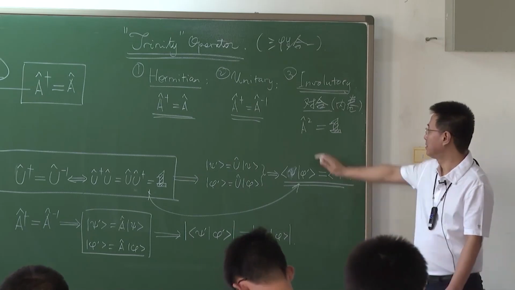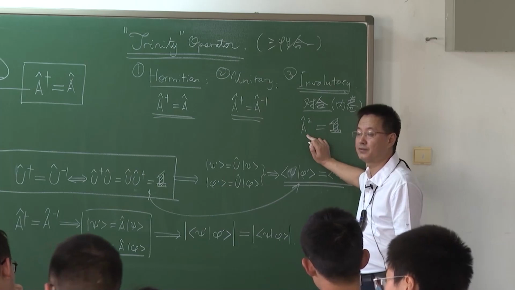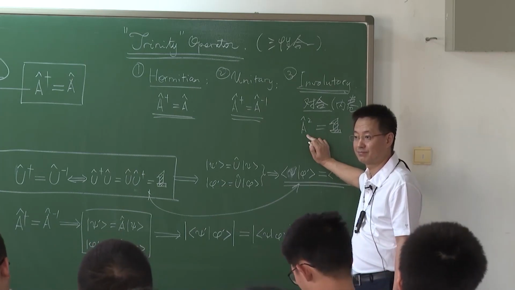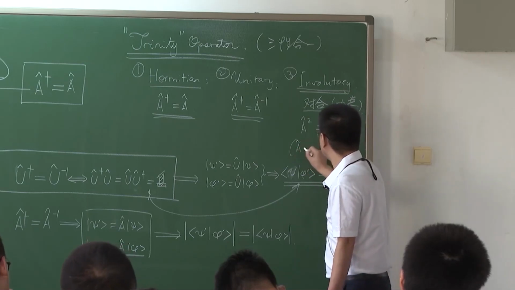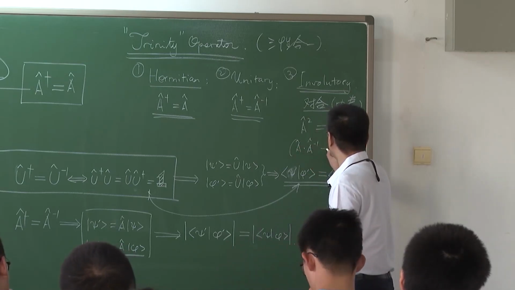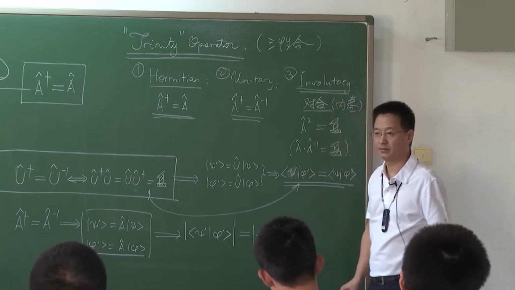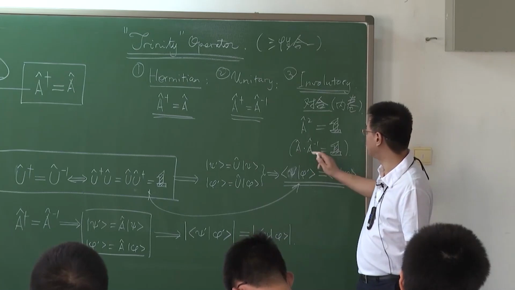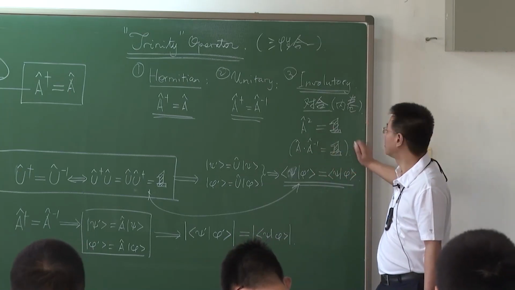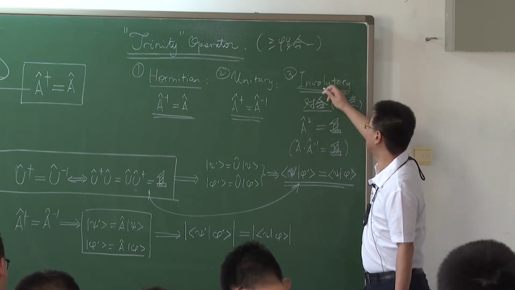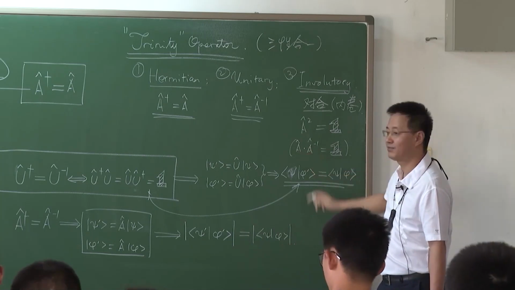So that means the operator is the inverse of itself, right? Because A squared is equal to the identity, so A is equal to A inverse. That's why it is called involutory, because this thing and this thing are the same.